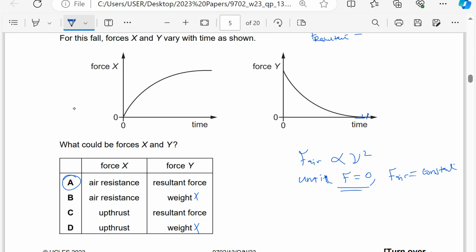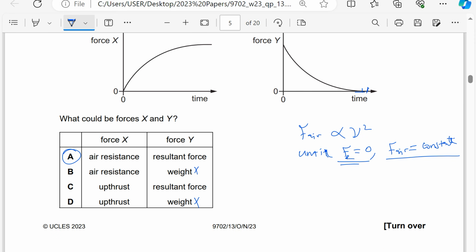So that means X is the force due to air resistance. The weight will be constant, so the answer is going to be A. X is the force due to air resistance and Y is the resultant force.